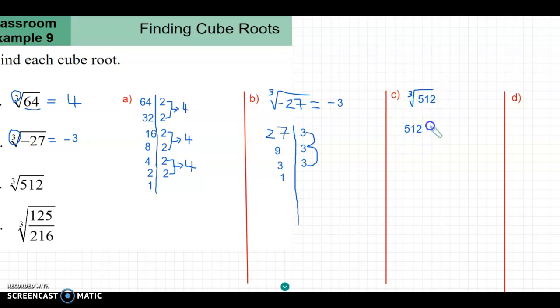And how can we do it? We start dividing by the lowest number, which is 2, because here we have an even number.